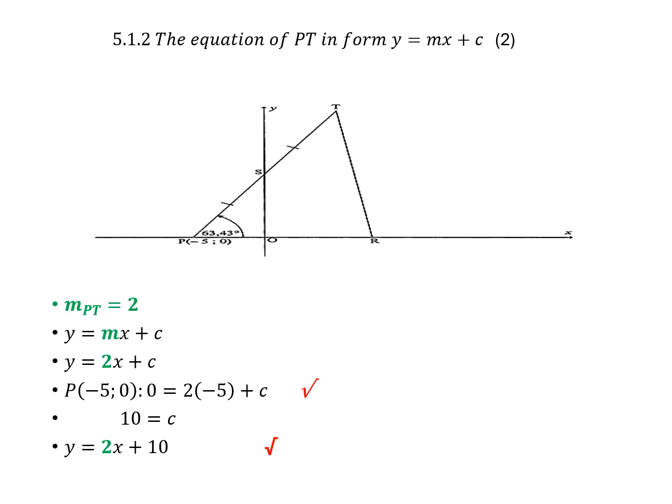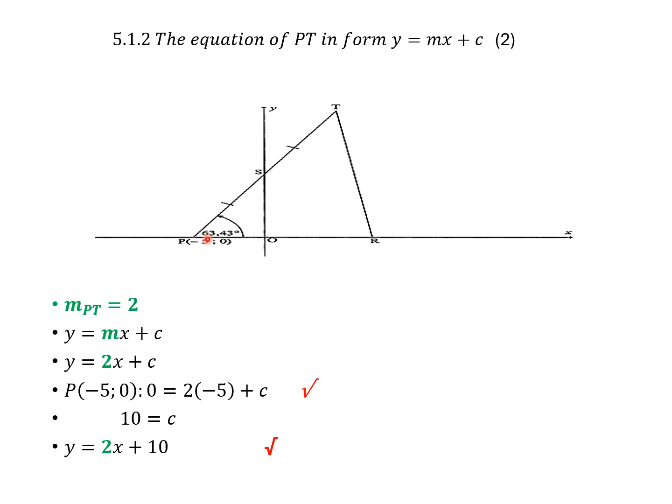Equation of PT in the form y equals mx plus c. We already know that the gradient of PT equals 2, so in the place of m, I'm placing 2. So I have y equals 2x plus c. On that line PT, I'm only given one point, which is P (-5; 0).